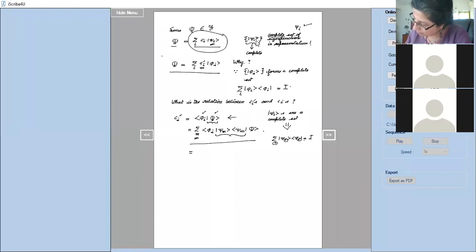So now let's see what happens. I will get over here <phi i|psi m>. What is this going to be? This is going to be nothing but Cm, because please remember, just like over here, this was Ci prime because you did phi i with psi. Similarly, this is going to be nothing but Cm. Now, what about this?